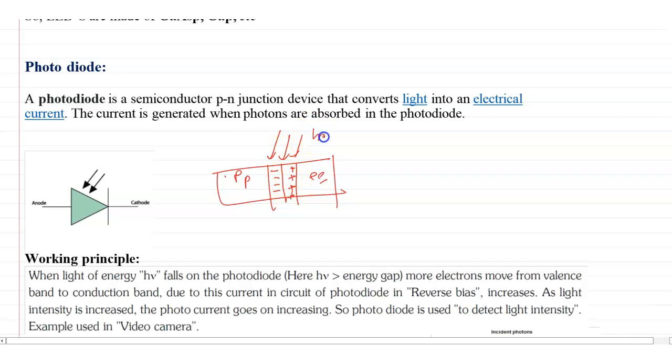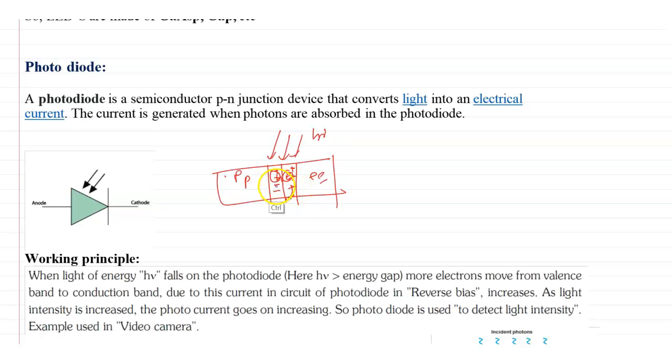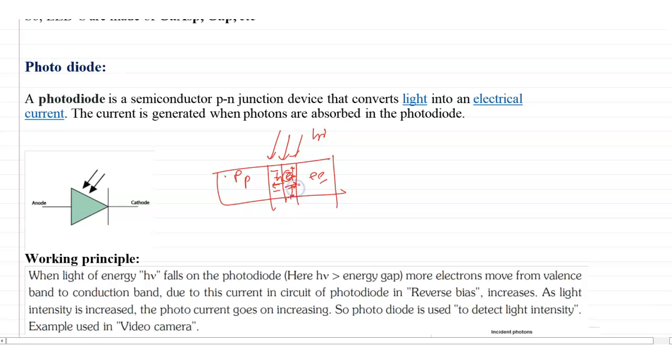For sufficient wavelength, or sufficient energy of radiation entering the junction, an electron-hole pair will be created, and then the hole will go this side, the electron will go this side, because there are immobile negative ions. The negative ions attract the holes and the positive ions attract the electrons.